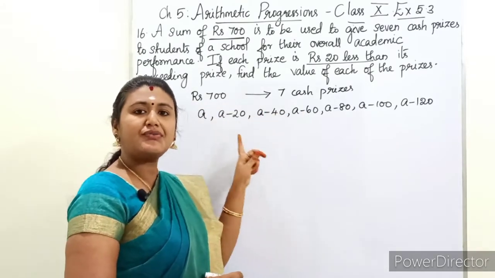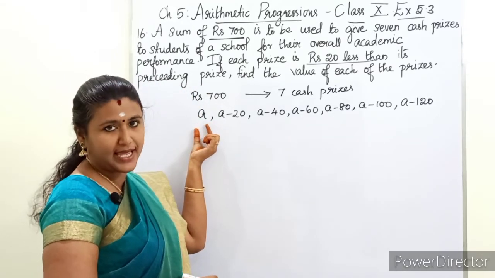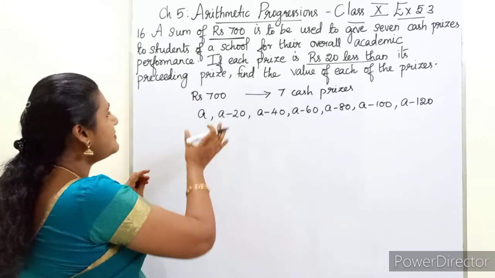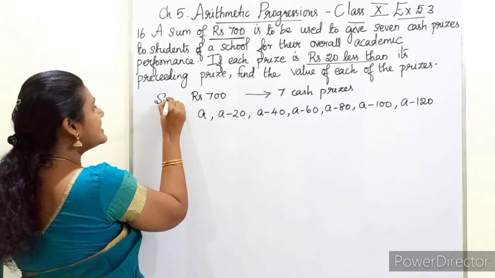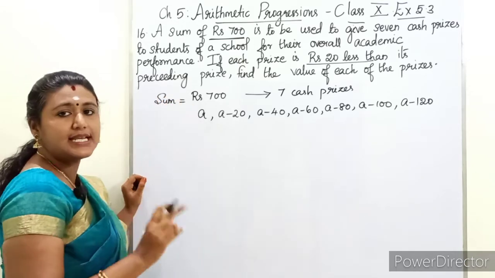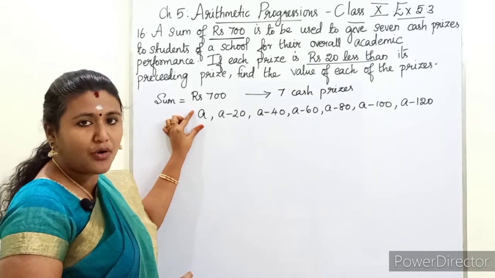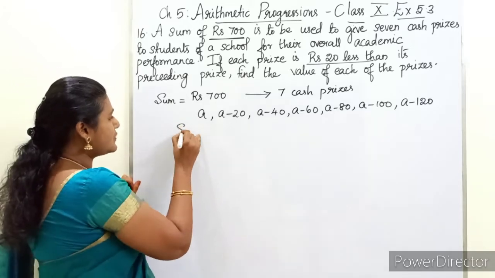If you want to find these cash prizes, first you should know the value of A. So what we have to do? We have to find the value of A from this amount, that is, this rupees 700 is nothing but the sum, that is, Sn is given as 700. From that we are going to find the value of A. So how many terms are there? Sn is equal to 700.